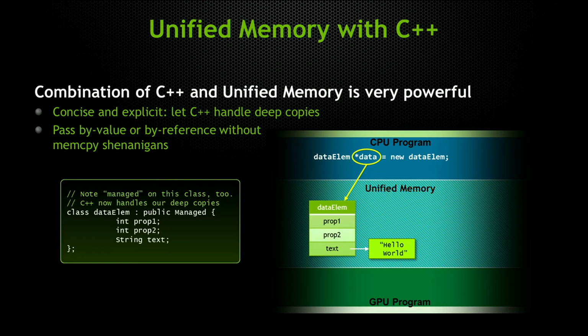And so if I say new data element, it allocates the data element and the string data in unified memory. And then I can use pass by reference and pass by value without any extra memcopy work. It's all done inside of the C++ utility class and the copy constructor that we wrote.